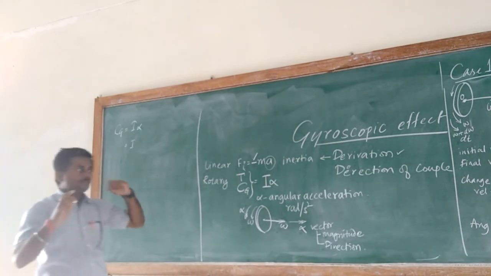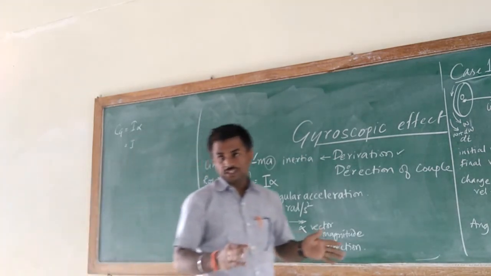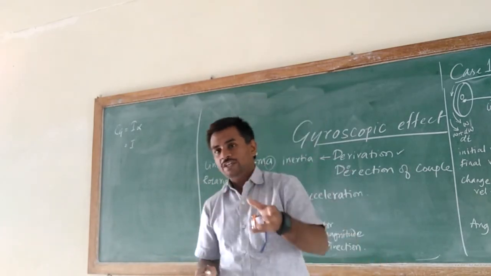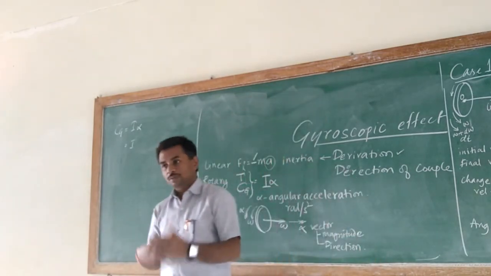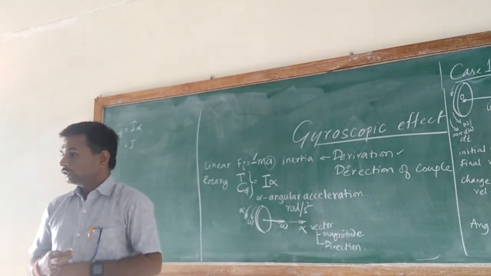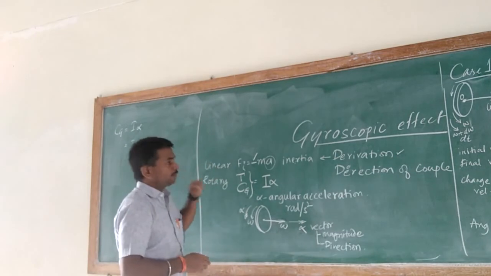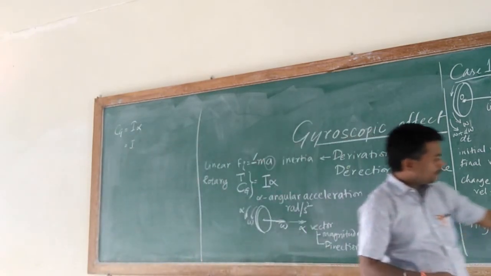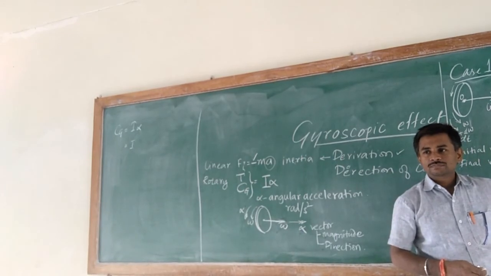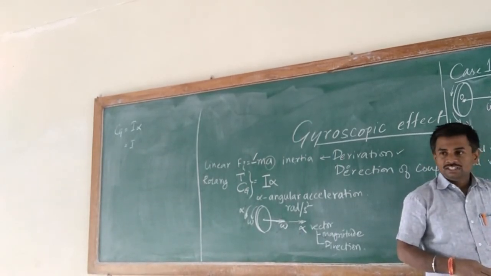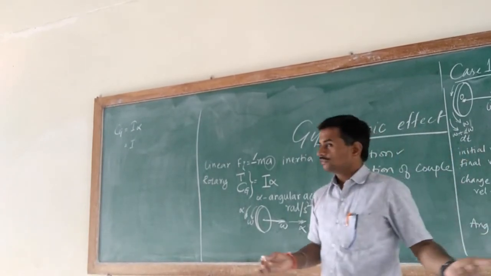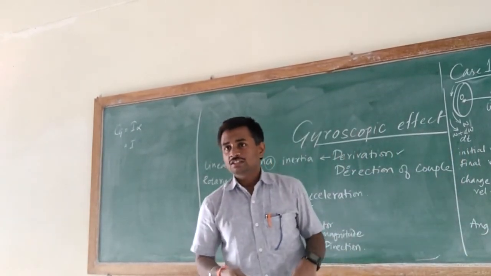Now, whenever we are finding gyroscopic effect, most of the times the speed of rotating parts will be constant. So when the speed of rotating parts is constant, what happens to d omega? Omega is constant. Differentiation of constant is 0.